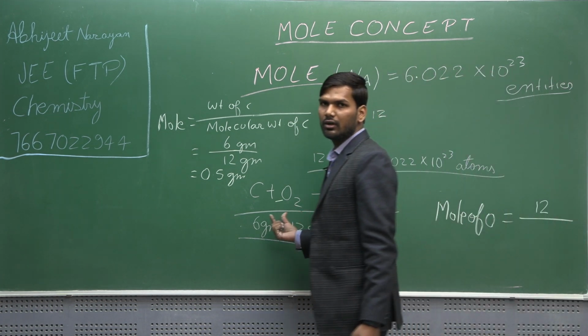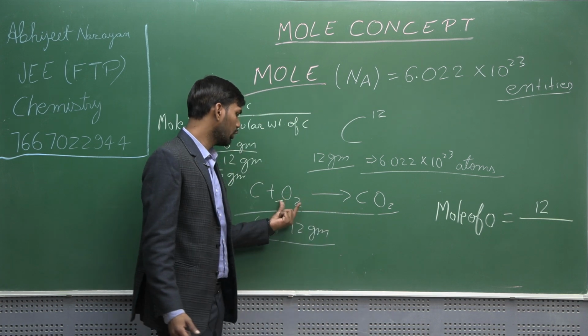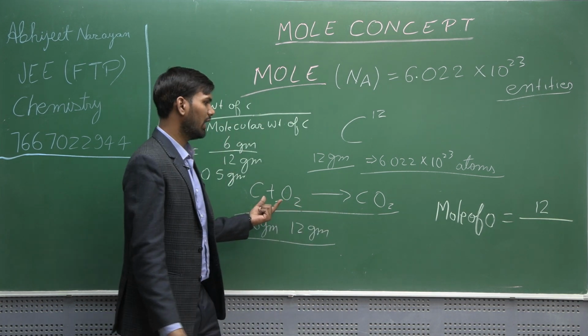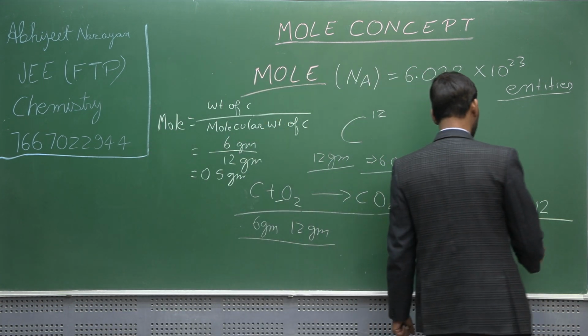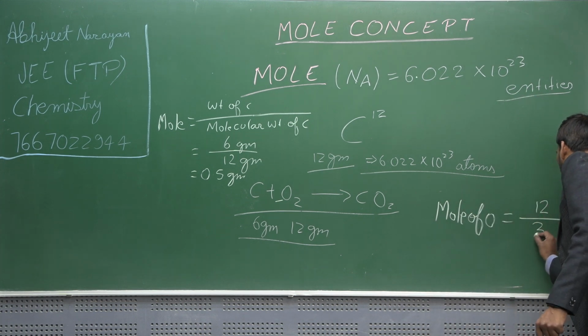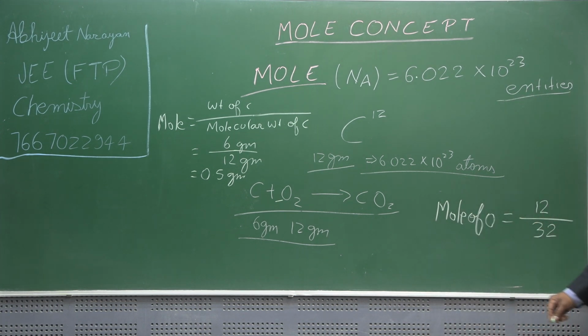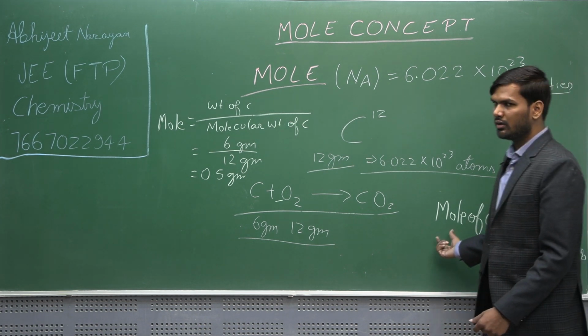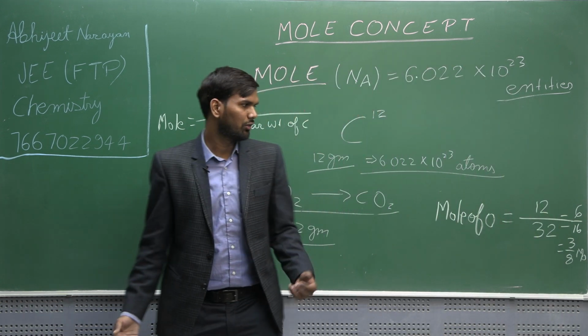The given molecule here is O2, and O2 has 32 gram mass. So the mole coming here is 6 by 16, or we can say 3 by 8. 3 by 8 moles of oxygen is present here.